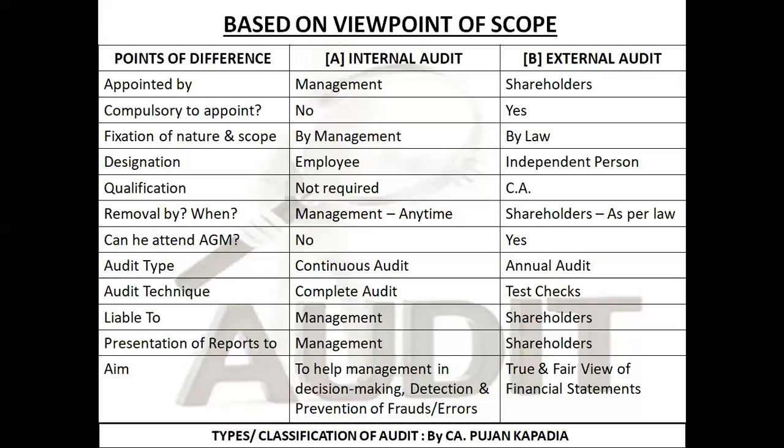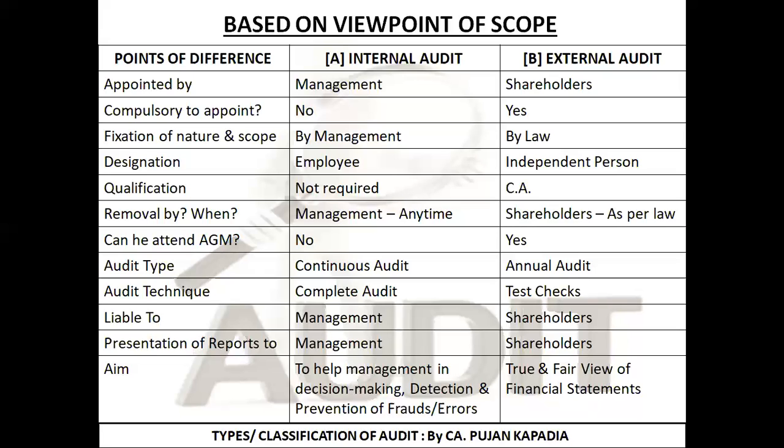What is the objective for an external auditor? It is to check whether the financial statements show a true and fair view. This is what we studied in our very first lecture in the definition of auditing. So the external auditor is going to check the truth and fairness of the financial statements.